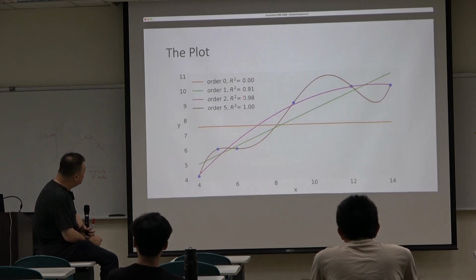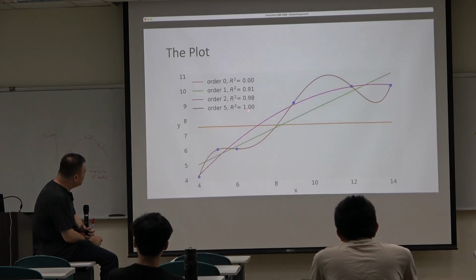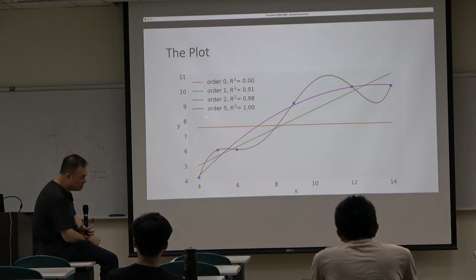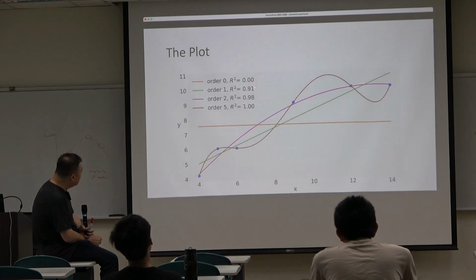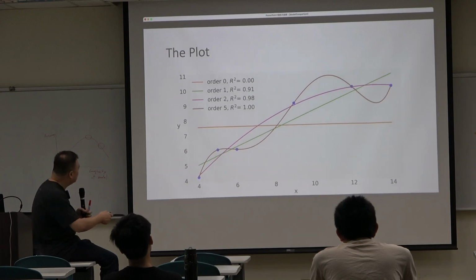When you increase from 2 to 5, the only difference is 0.02. There's not much difference in terms of accuracy improvement. So obviously there's still a sweet spot here. The improvement is much better for order 1.